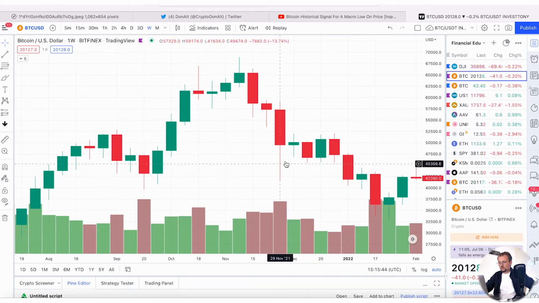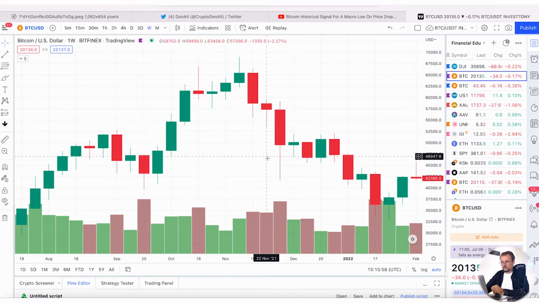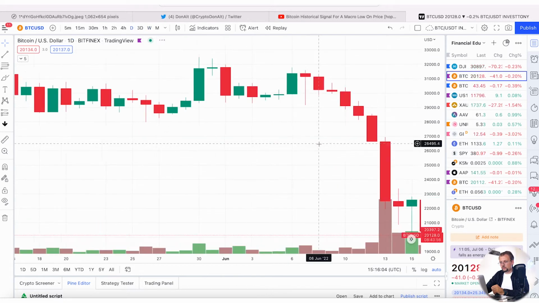We don't know how long the price spent below 49,000 or precisely at 44. Was it just for 1 minute, or was it for a few days that the price was below the closure? We cannot tell that. But to see this inside, we can switch to a lower time frame.